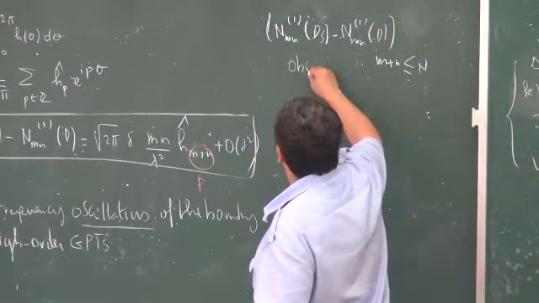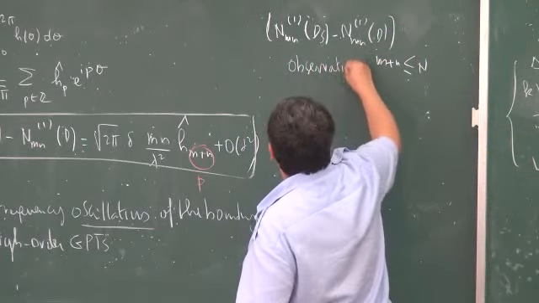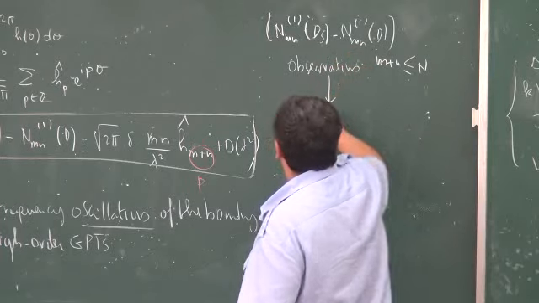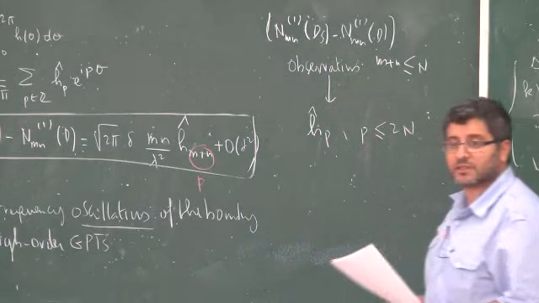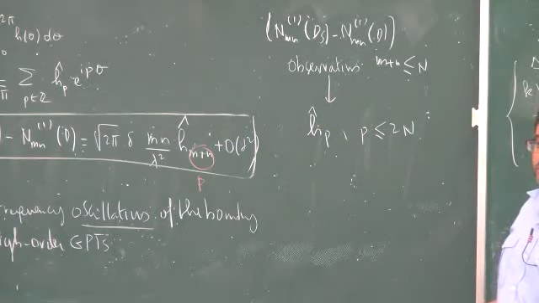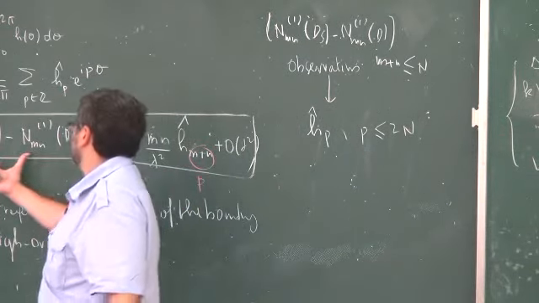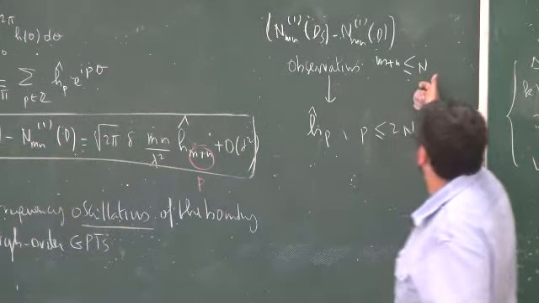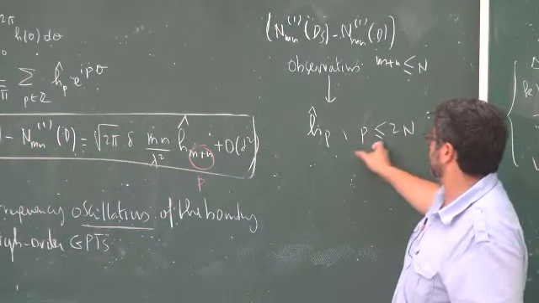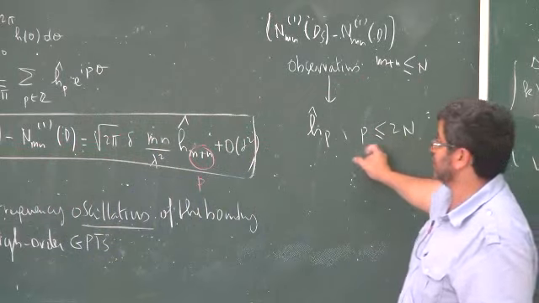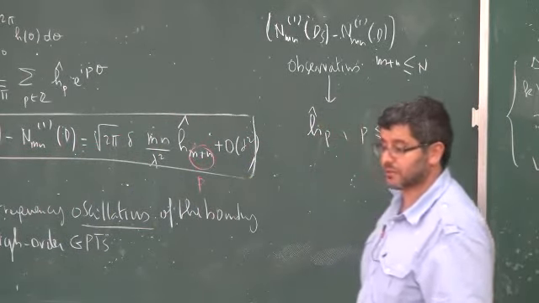What can you reconstruct? You can reconstruct HP for p less than 2n. You cannot reconstruct the others. You don't have them. Okay? So you agree with this. If you have these for orders up to n, then you can reconstruct HP for p less than 2n because p is the sum of these two.